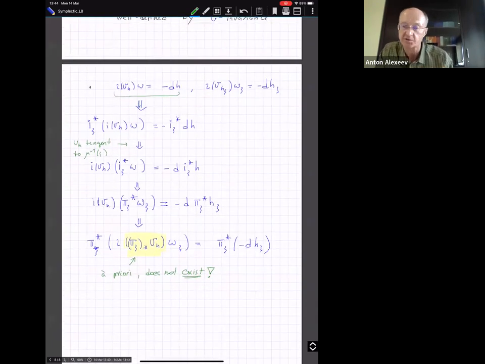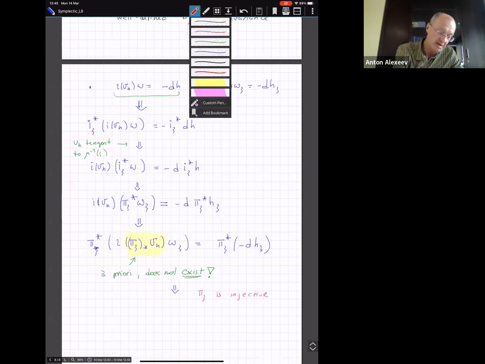Let's forget about it for a second. In principle, I could have proved that the preimages actually all agree, but I don't want to do it. I want to get it for free. Let's do the following. Remember that pi psi is injective.